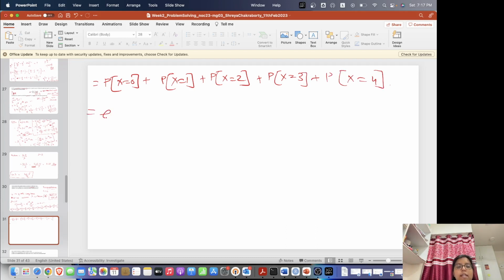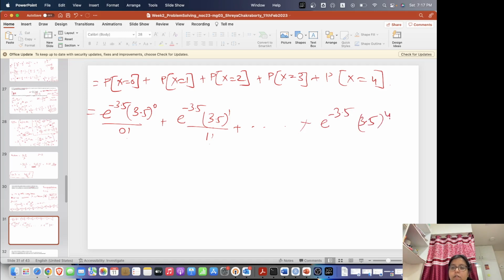So what we'll get? e to the power minus 3.5, 3.5 to the power 0 by 0 factorial, plus e to the power minus 3.5, 3.5 to the power 1 by 1 factorial, and so on, plus e to the power minus 3.5, 3.5 to the power 4 by 4 factorial.